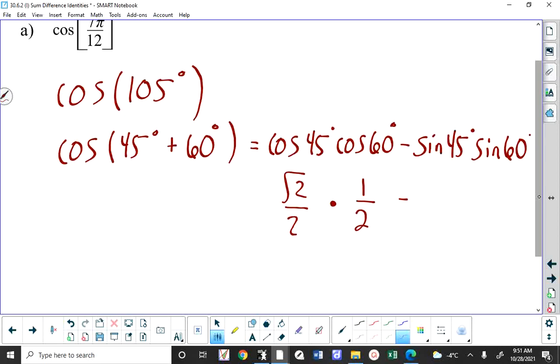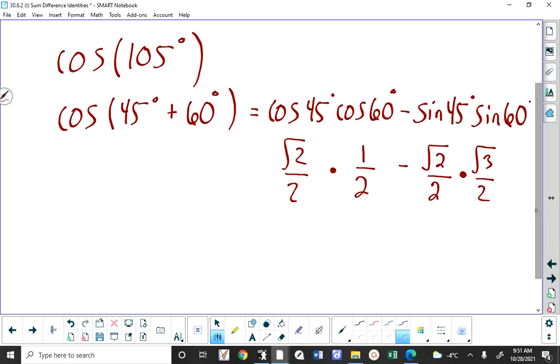Sine of 45 degrees. So now we're looking at y coordinates on the unit circle. At 45 degrees, the sine is root 2 over 2. And at 60 degrees, the sine is root 3 over 2. And now we're going to simplify this. So we're going to multiply root 2 over 2 by 1 over 2 and get root 2 over 4.